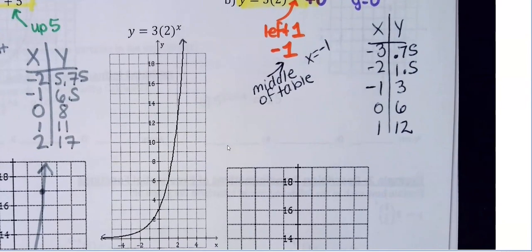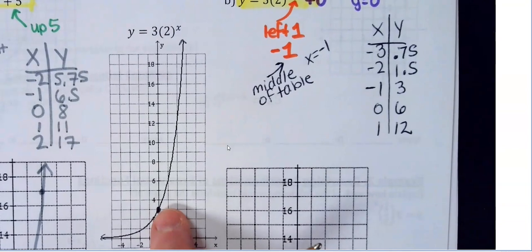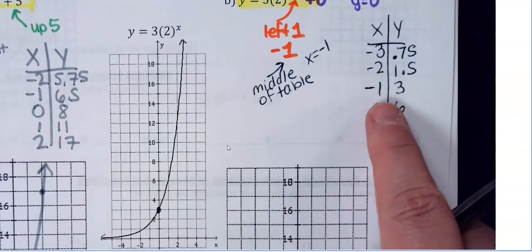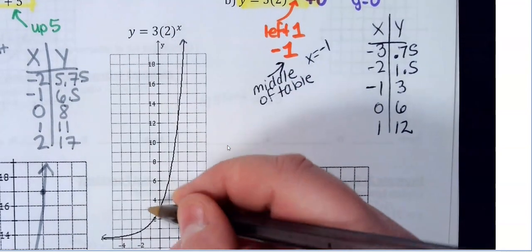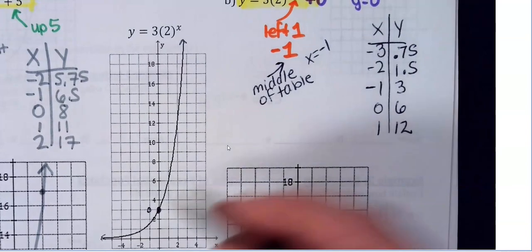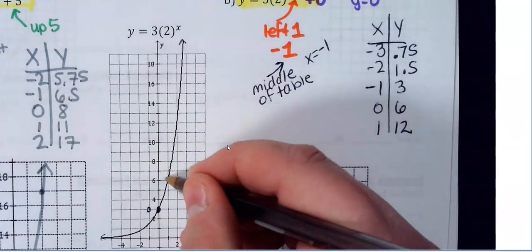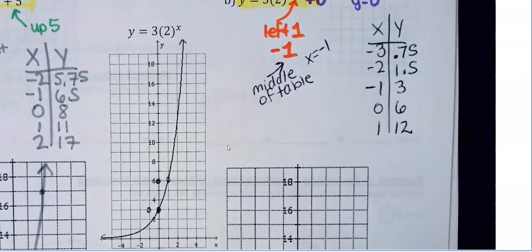So on this graph, I have the point 0, 3. Now on this graph, it's at -1, 3. It's just taking that point and shifting it over one spot is all it's doing. On this graph, I have the point 1, 6. On this graph, it's shifting it over so it would be 0, 6. If that makes sense.